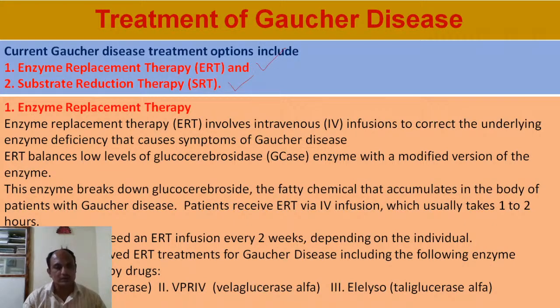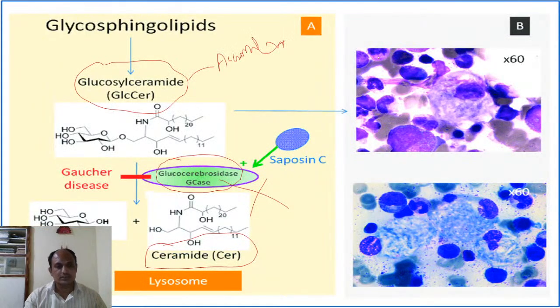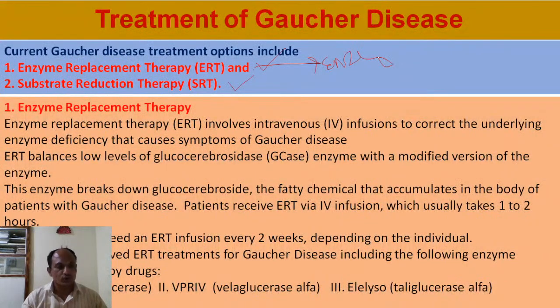In the first one, enzyme replacement therapy, there is an introduction of that enzyme. Which enzyme? This glucocerebrosidase, because Gaucher disease is due to the deficiency of the enzyme. So if you introduce that glucocerebrosidase enzyme in the patient, that will be the treatment for Gaucher disease.